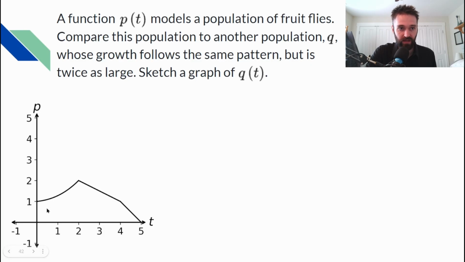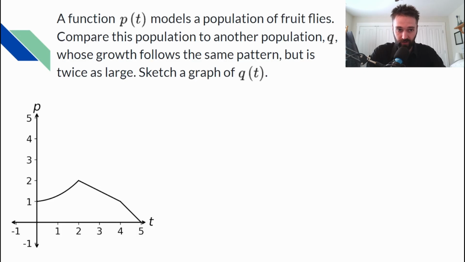p is the number of fruit flies, and t is time. So we want to know what this other population q looks like, and we're told that the population is twice as large. So to transform this function p, that's what we're going to do. It's a transformation.